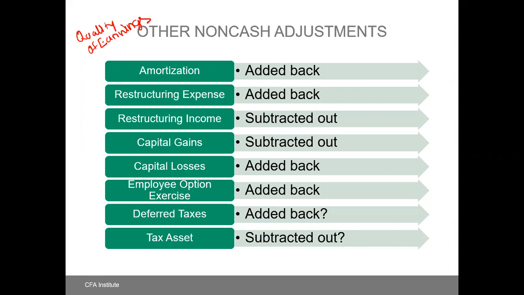Restructuring expenses. So sometimes a firm needs to restructure. Say the firm closes one of its product lines. When the firm closes a product line, they need to write off the assets connected with that closed product line.